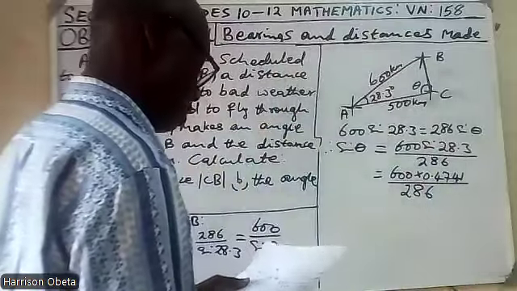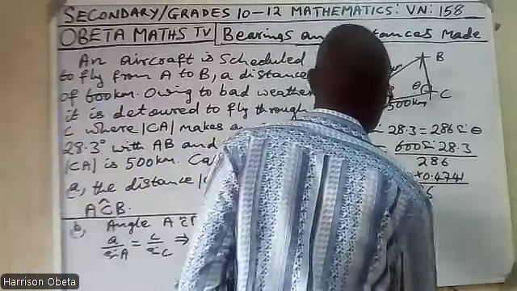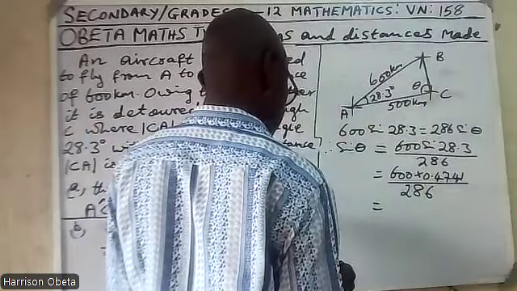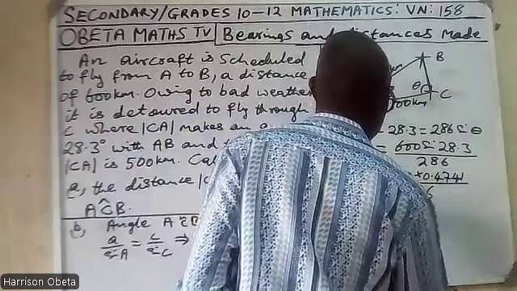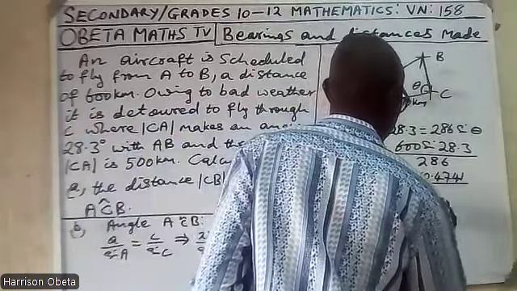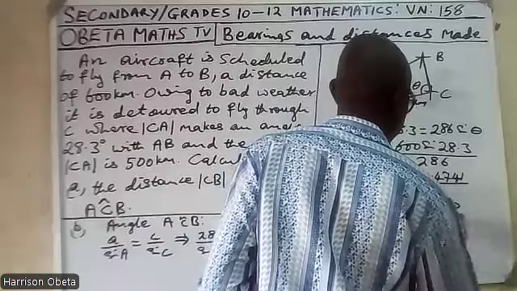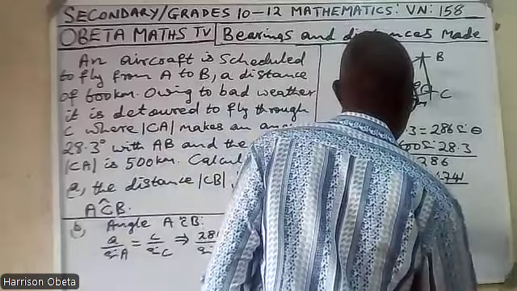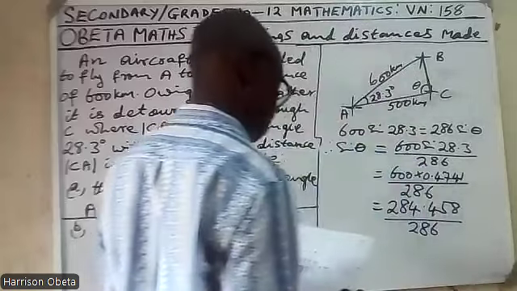So that will give us 284.458 all over 286.